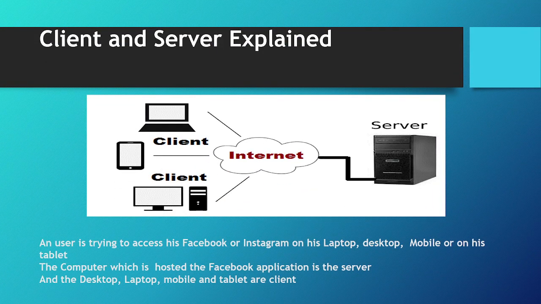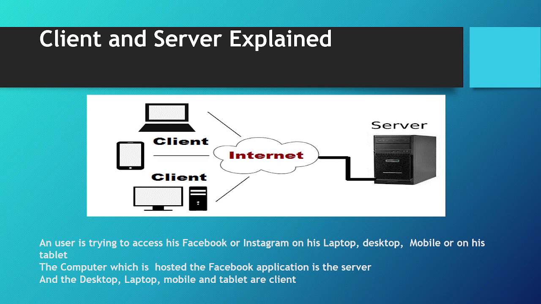In order to access an application from a client, between the client and the server you need some network. That network can be either internet or intranet. In the intranet, the LAN and WAN concepts are there: local area network and wide area network. Internet means a public facing application.